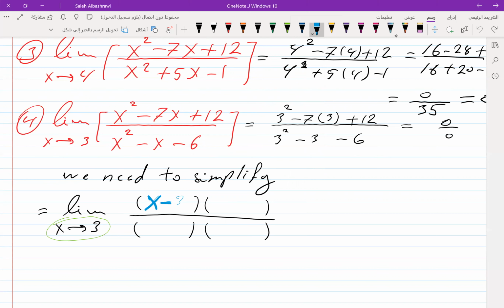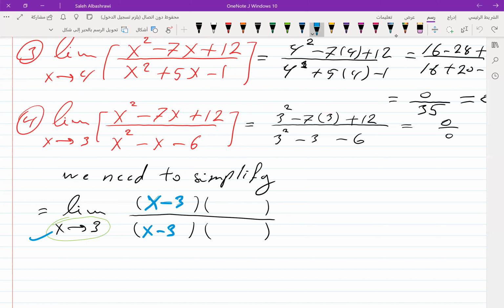I will have x minus 3 up and down. This will be the common factor. X goes to 3, so I will move 3 to the other side. It will be x minus 3. So I must have x minus 3 up and x minus 3 down in this function.